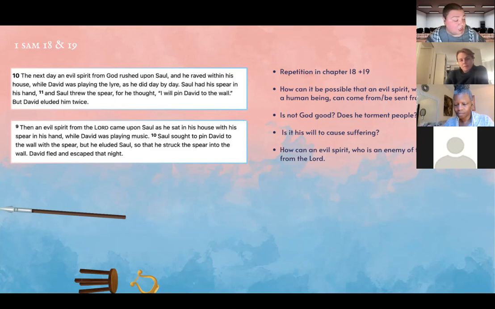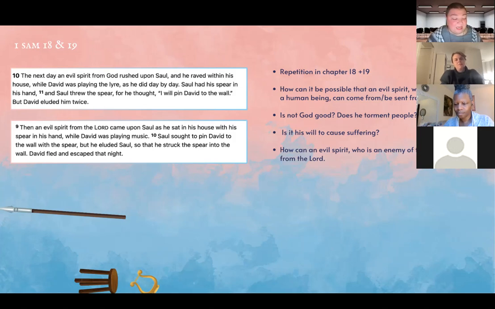And again, in chapter 19, then an evil spirit from the Lord came upon Saul as he sat in his house with his spear in his hand, while David was playing music. He does like to hold that spear, doesn't he? Saul sought to pin David to the wall with the spear, but he eluded Saul, so that he struck the spear into the wall. David fled and escaped that night.